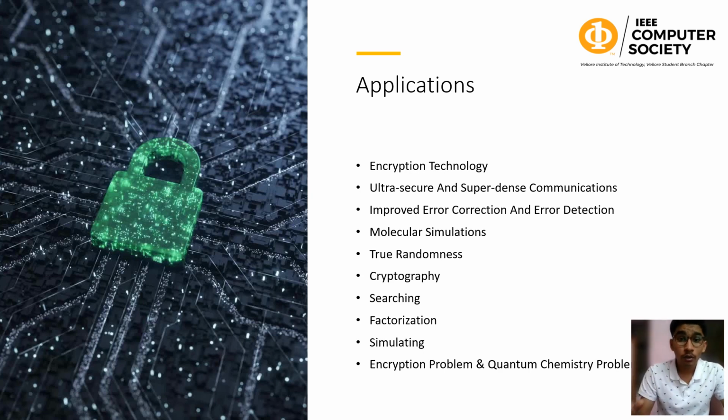Now we'll move into the applications. There is a wide variety of applications, and scientists and researchers are working on this. To be very honest, till now we have achieved a 433 qubit processor, the fastest in the current industry of quantum computers.